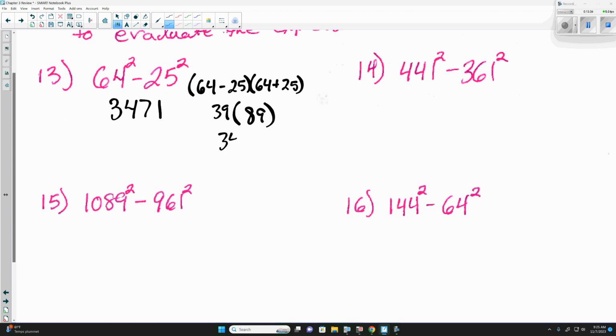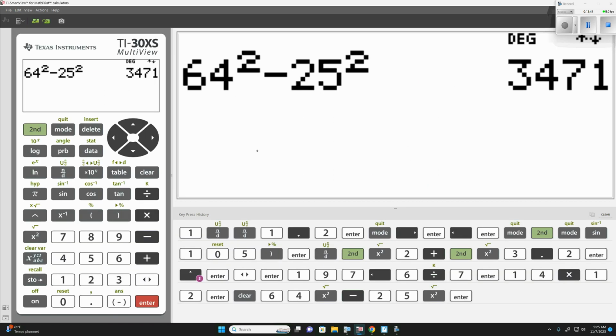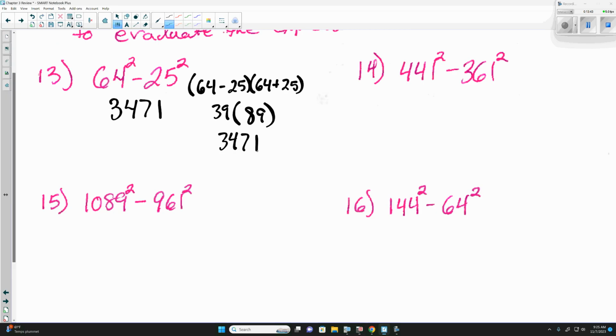Then we'd again plug it in the calculator, and we should get 3,471. Well, heck, we most likely plugged the thing in the calculator 3 different times. Once to get the 39, once to get the 89, and then once to multiply the 2 together. Plug the whole thing in.